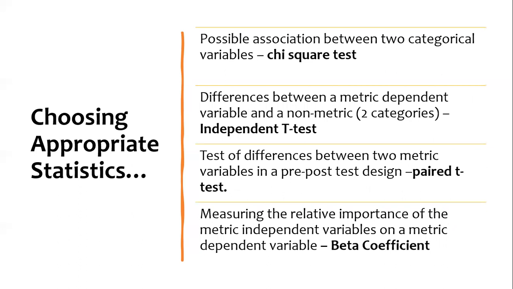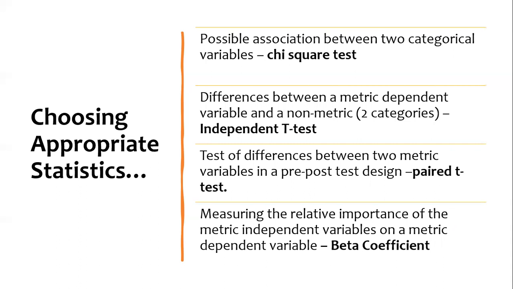For the possible association between 2 categorical variables, I mentioned it earlier when I was using the example of age group and sex. If you want to look at possible association between 2 categorical variables, use a chi-square test.